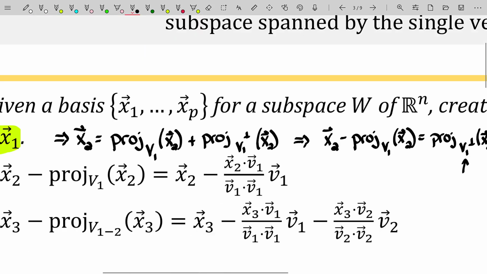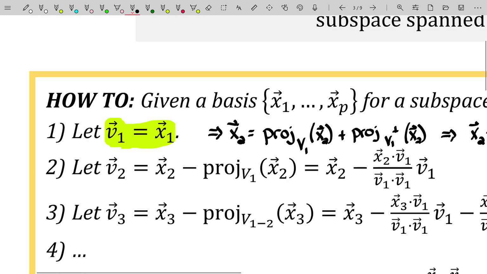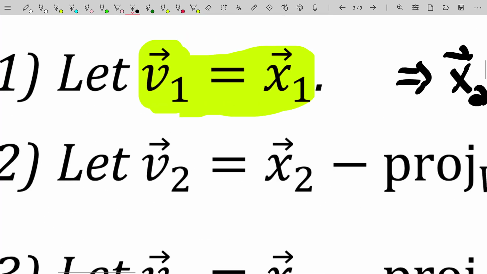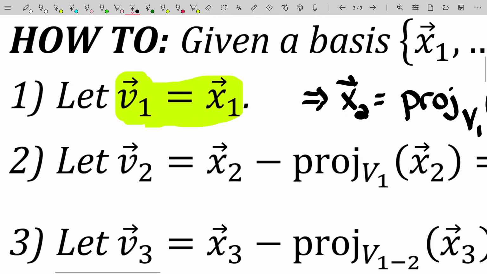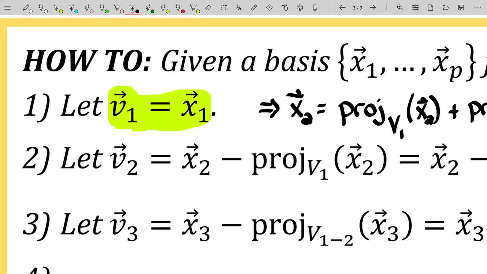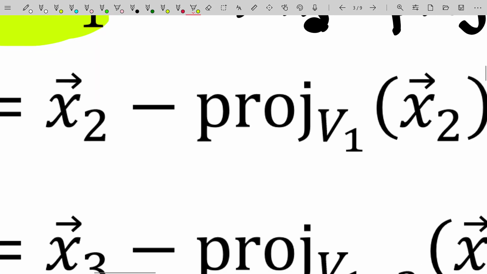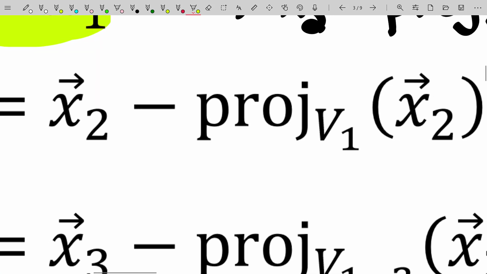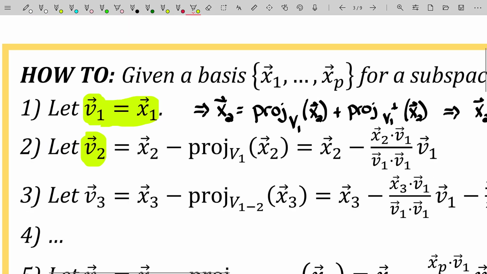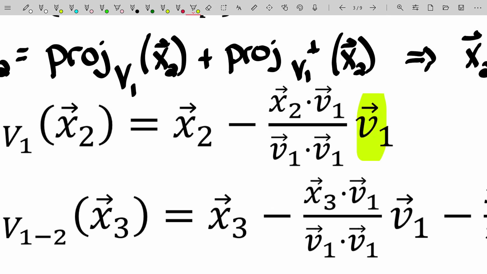So if we make that definition right there, we now get a second vector. We have v sub 1 that we called x sub 1, and we get v sub 2, which is a vector perpendicular to that, which is exactly what we want. Now, I'm not going to leave this notation in here because that's not normally how people remember it, but really, the projection of x sub 2 onto the vector space spanned by the vector v sub 1 is this right here.